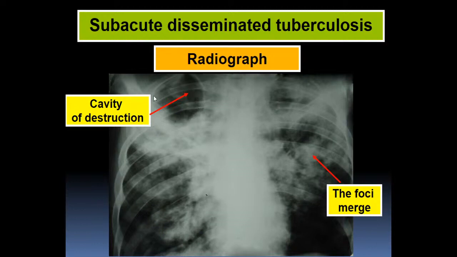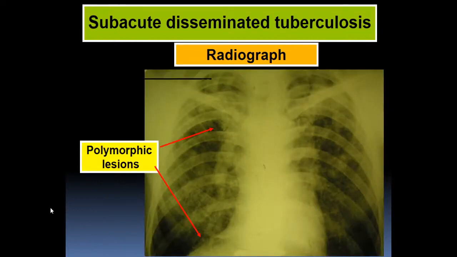And on the apex of the right lung, we can see a cavity of destruction. This is destruction of lung tissue and formation of a cavern. On this X-ray, we can see subacute dissemination, also polymorphic lesions.